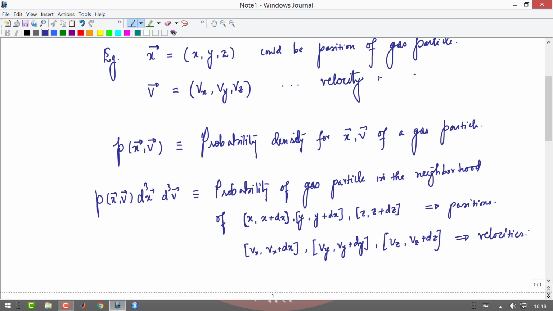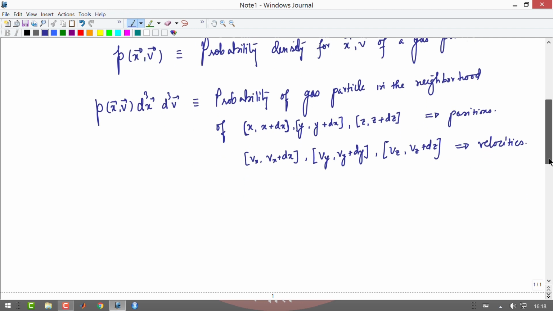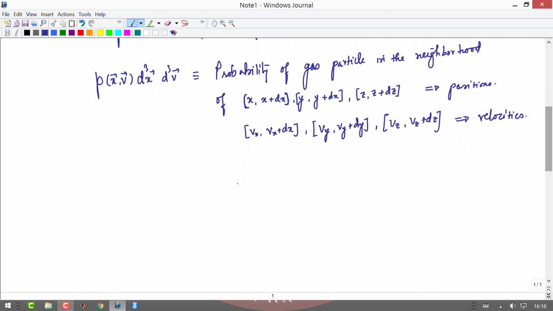Okay, so this is like a 6-dimensional cube. So I'm going to draw it in 3 dimensions only, so you can take x, y, and z, and here just take a point in the space.